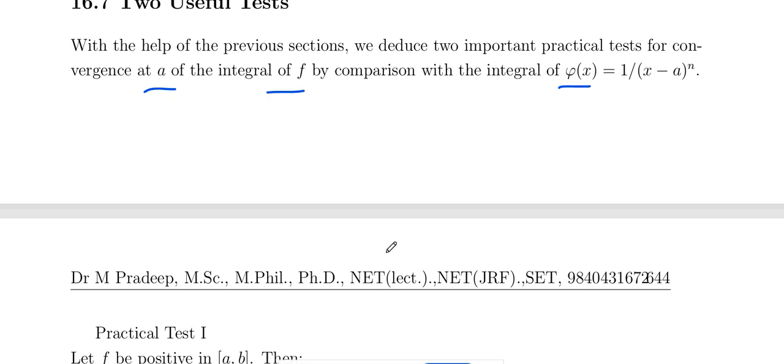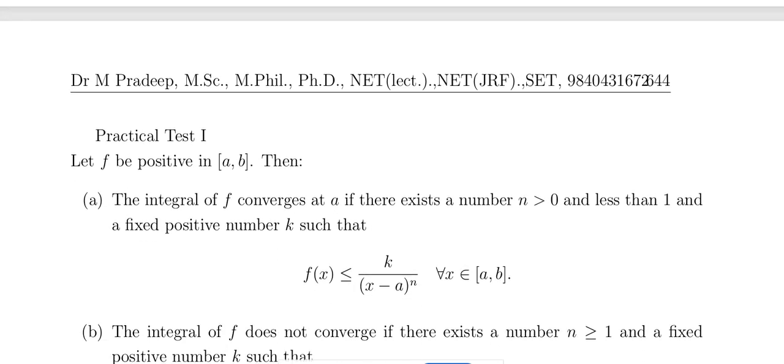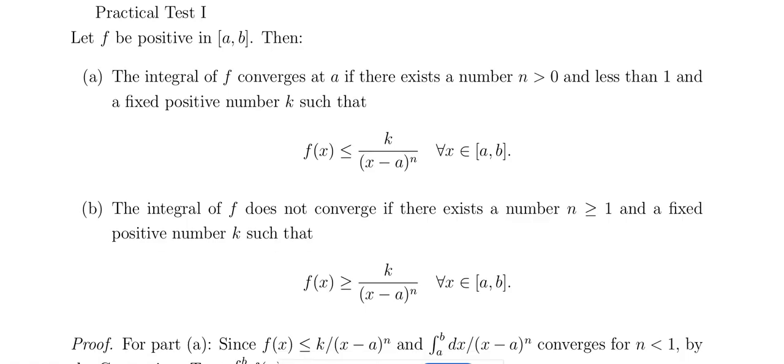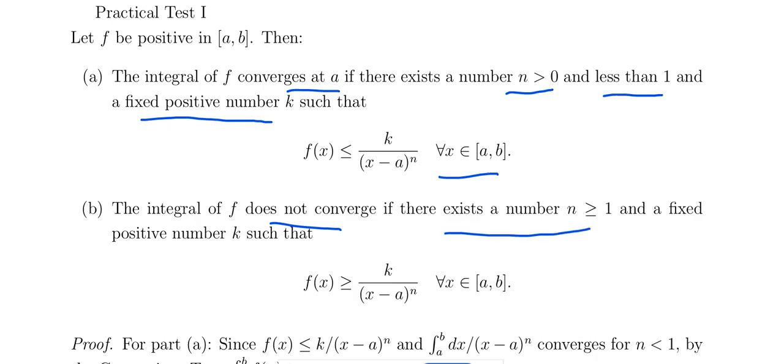In practical test one, f is positive on (a, b) and the integral of f converges at a if there exists some positive number n greater than 0 and less than 1, and a fixed positive number k such that f of x is less than or equal to k by x minus a whole power n for all x belonging to (a, b). The second one: the integral of f doesn't converge if there exists a number n greater than or equal to 1 and a fixed positive number k such that f of x is greater than or equal to k by x minus a whole power n for all x belonging to (a, b). So this is the practical test 1. Okay.